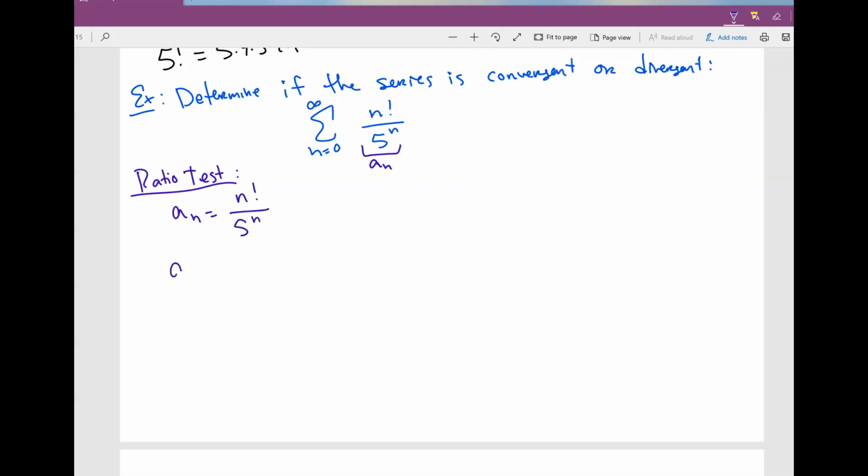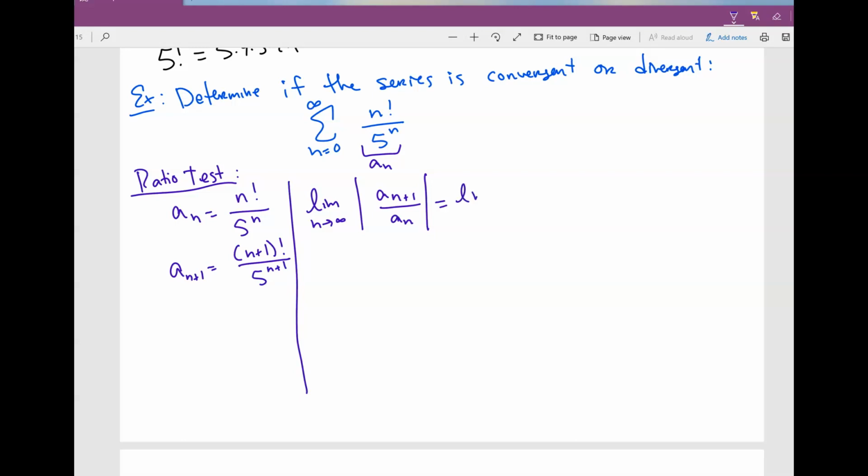My a sub n plus 1 term is plugging in n plus 1 for n, so we have n plus 1 factorial over 5 to the n plus 1. All I'm going to do is take the limit as n goes to infinity of the absolute value of a sub n plus 1 divided by a sub n.